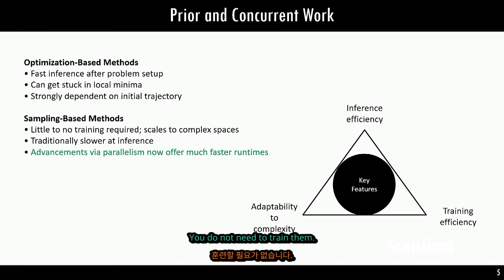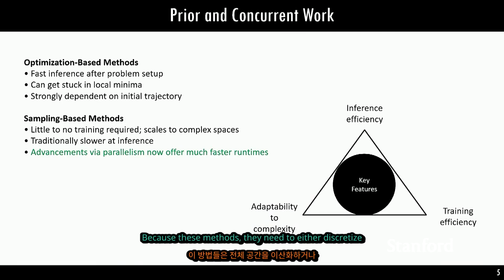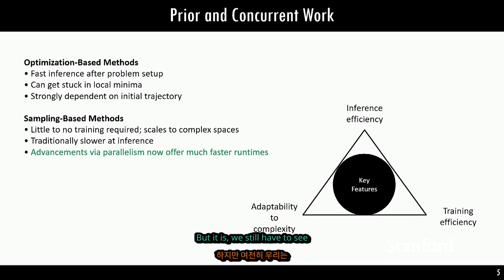You do not need to train them, but their inference efficiency is very slow because these methods need to either discretize your entire space or construct a graph and then find a path through that. As a recent advancement, I should acknowledge that people are exploring how we can use massive parallelization within these methods to speed up their performance. But we still have to see how these methods scale to complex kinematic constraints.